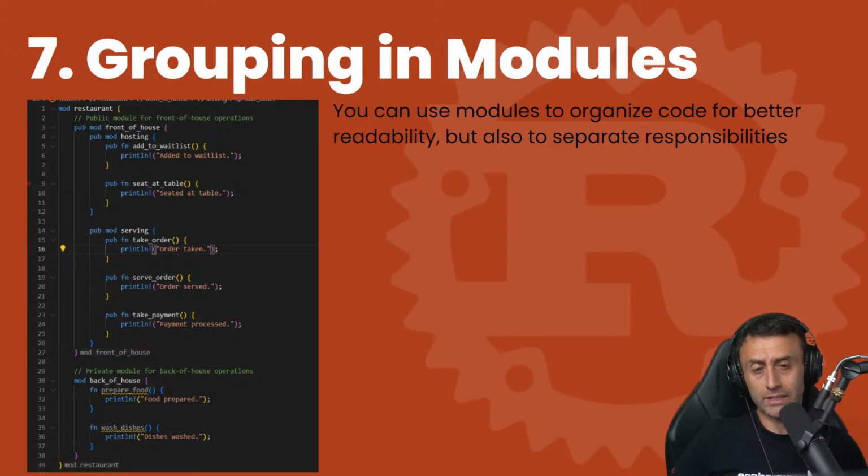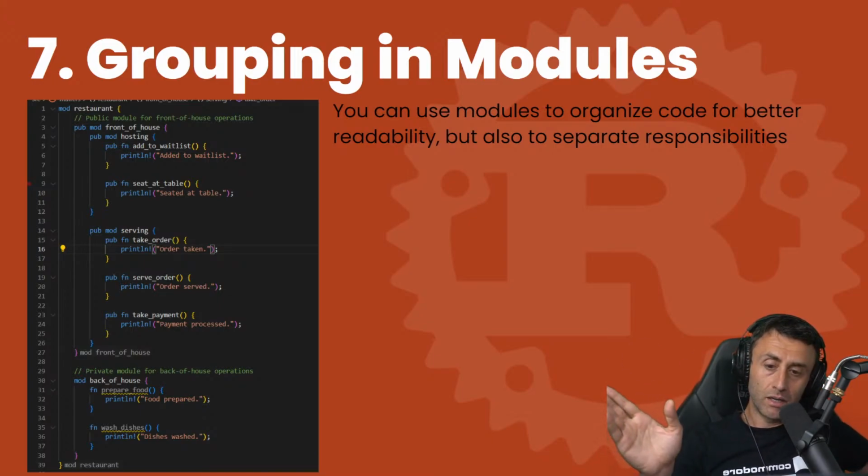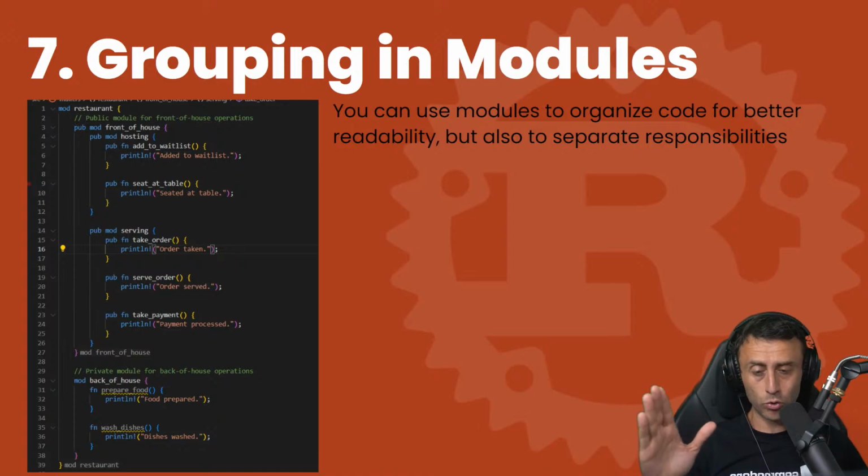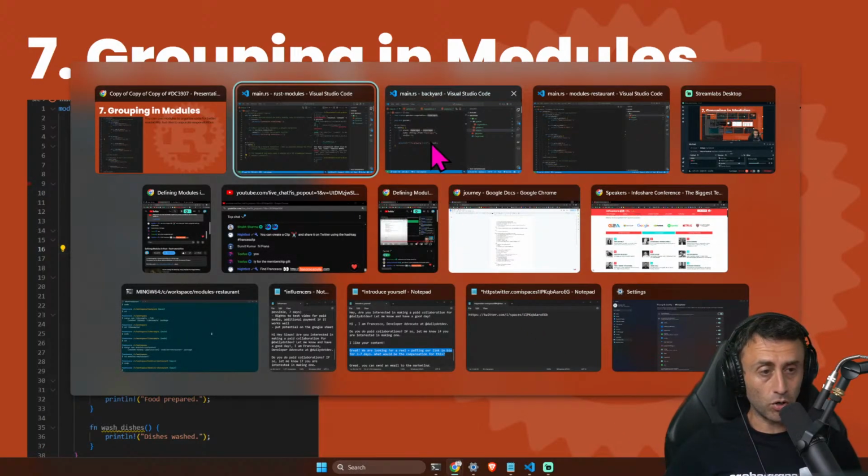For now, let's just focus on the fact that you can use modules to organize your code, not just for better readability, but also because maybe I want to separate responsibilities. Maybe I want to provide both modules on the crate, but I don't want a module to call other functions that are on similar modules at the same level. It's easier to see this directly with this project.